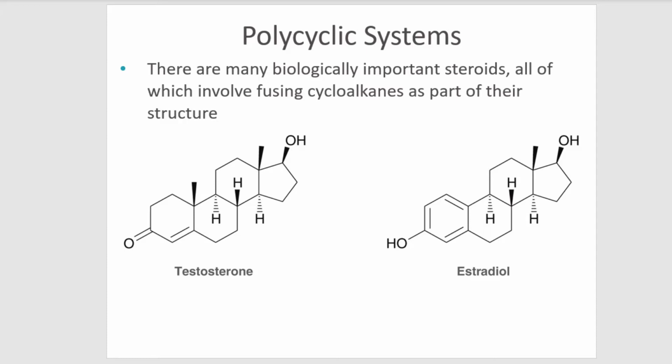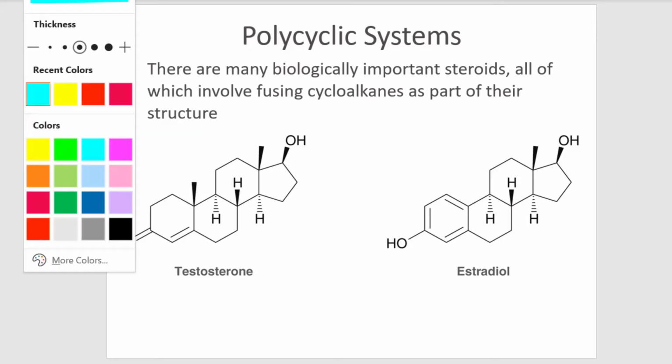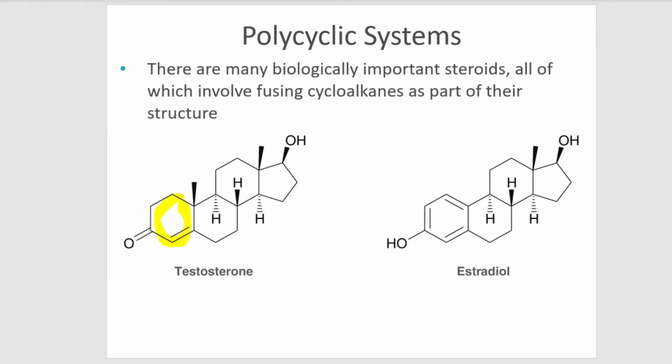If it's a steroid, you're going to see a 6, 6, 6, 5 fused system. That is the trend for all steroids, both natural to our bodies that we biologically make and the ones that we synthetically make for the purposes of pharmaceuticals.